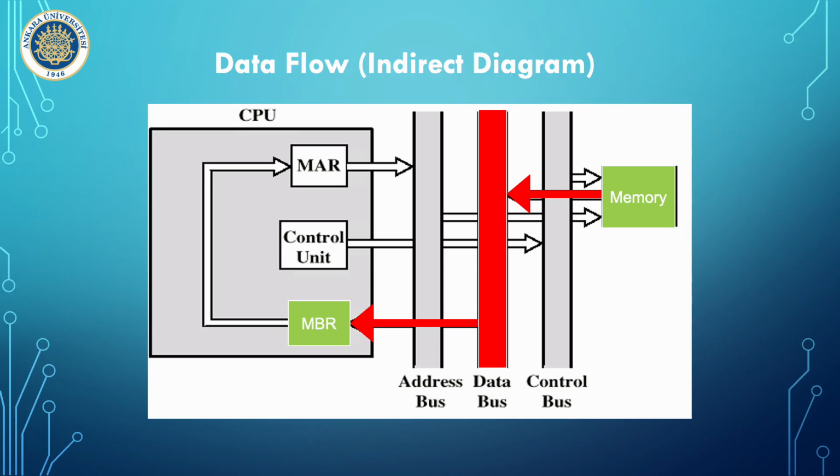In the indirect cycle, the CPU first obtains the actual address of the operand, because the instruction itself holds only the address of a memory location that contains that operand address. The processor uses the address from the instruction to access memory again.